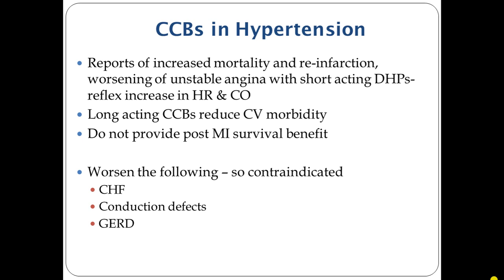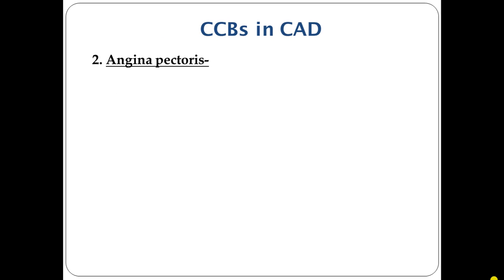They should not be used in patients with GERD because they will aggravate the disease by relaxing the smooth muscle. Urine voiding difficulty in elderly males or benign prostatic hyperplasia will be worsened because of the relaxation of the smooth muscles. So in such conditions, calcium channel blockers are contraindicated.